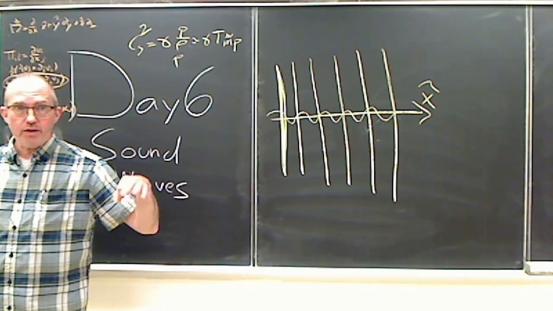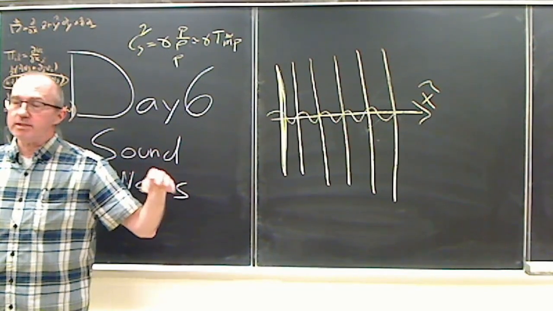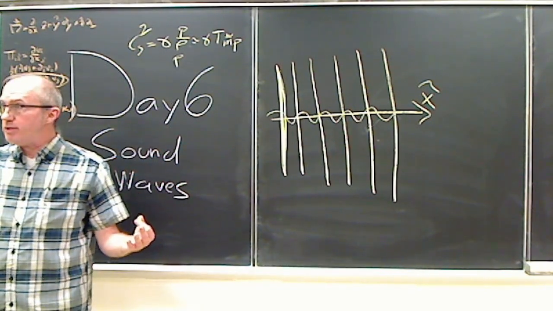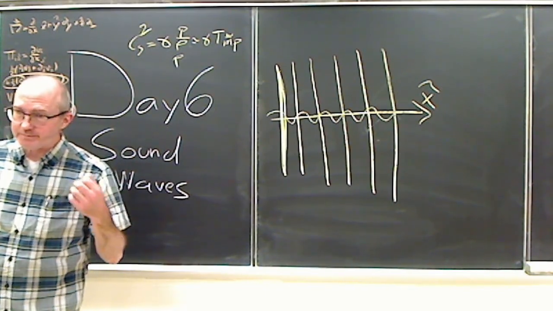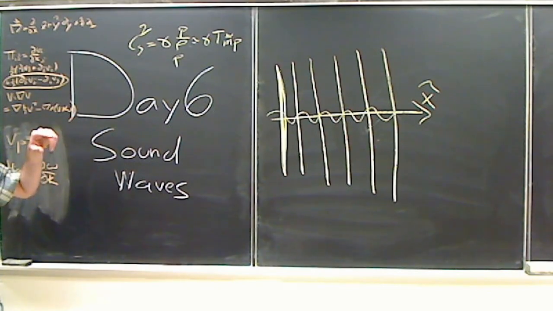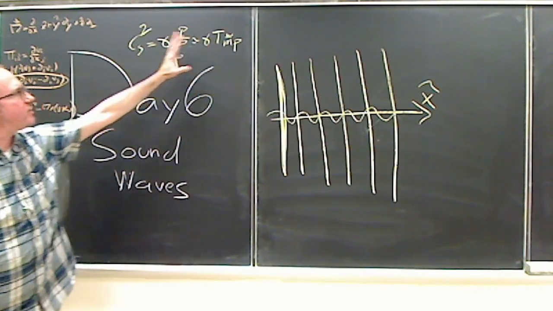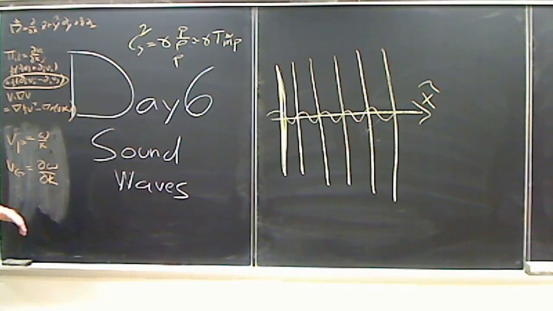So in Earth, in the atmosphere, the dominant particle is N2, a nitrogen molecule. In a molecular cloud, it's H2. So things wind up to give you a sound speed that's relatively 300 meters per second.